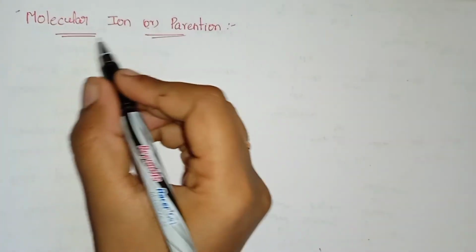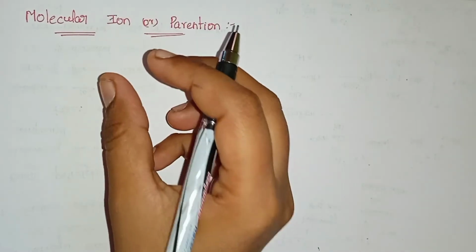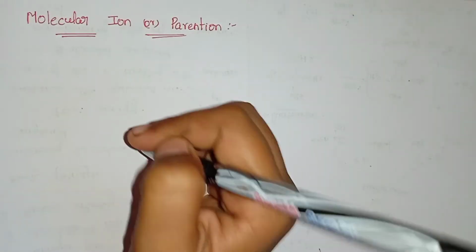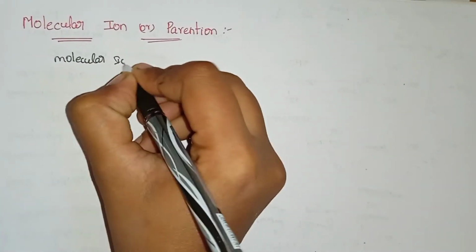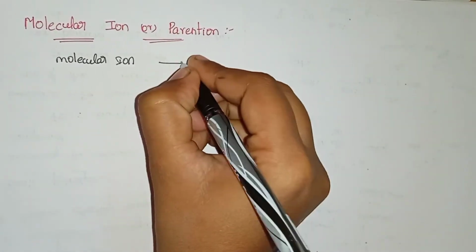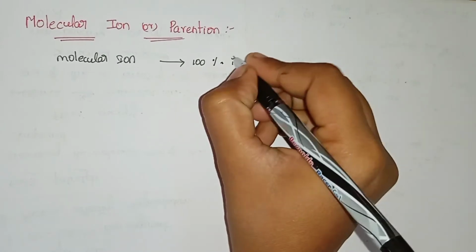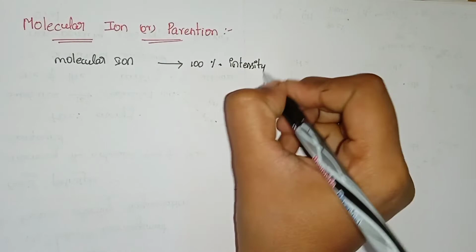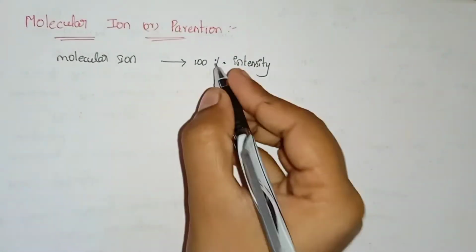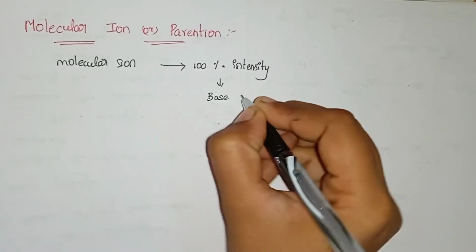So next, molecular ion or parent ion. In some organic compounds, the molecular ion appears with 100% intensity. This is known as the base peak.